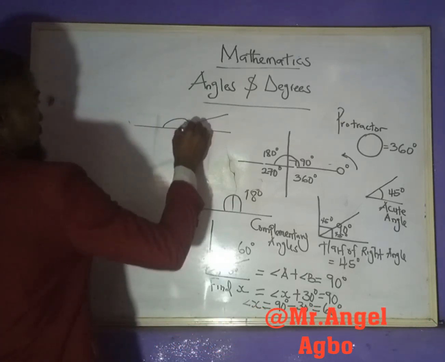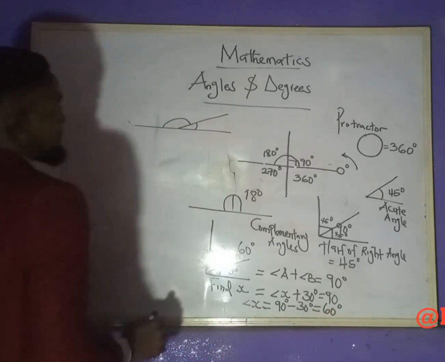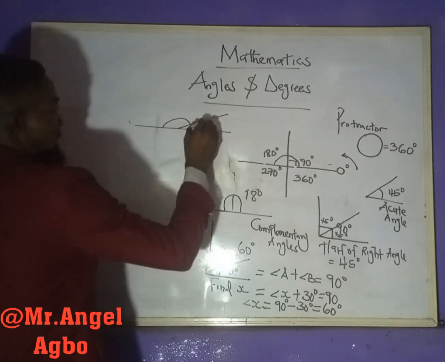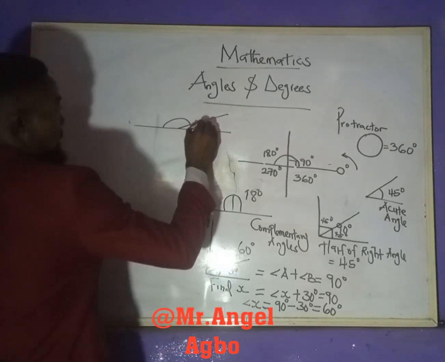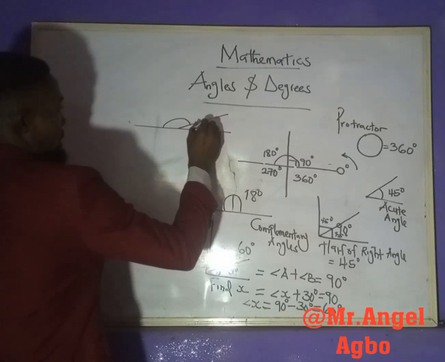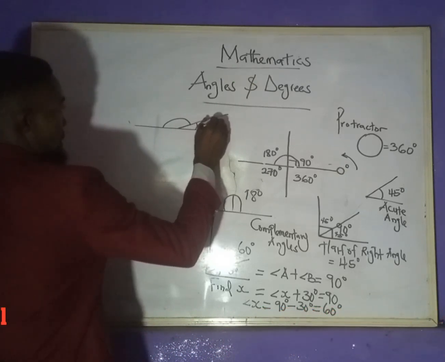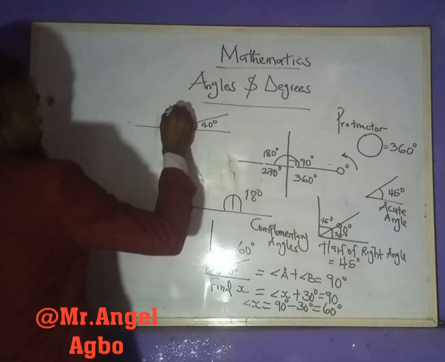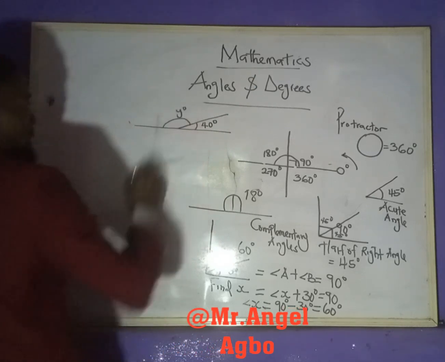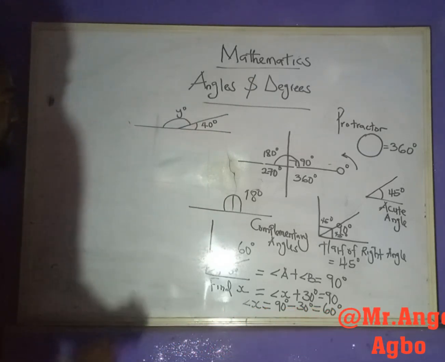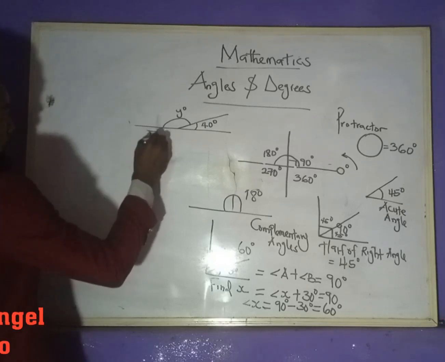Let's say this one is given, and we say this one is 40 degrees, and this one is y degrees, right? And you have to find y.